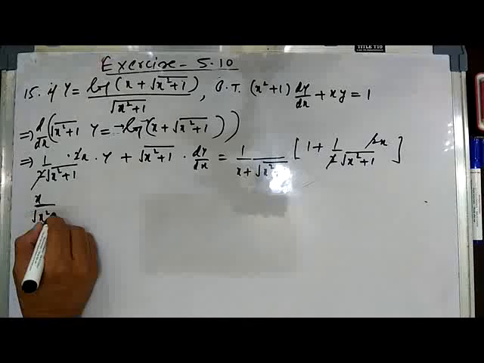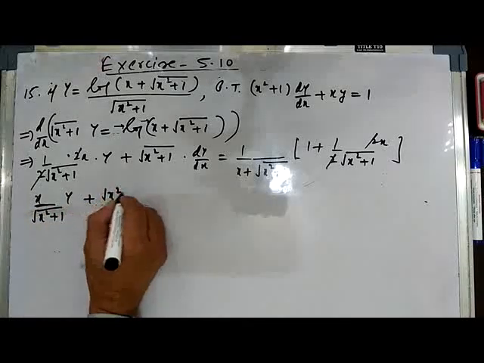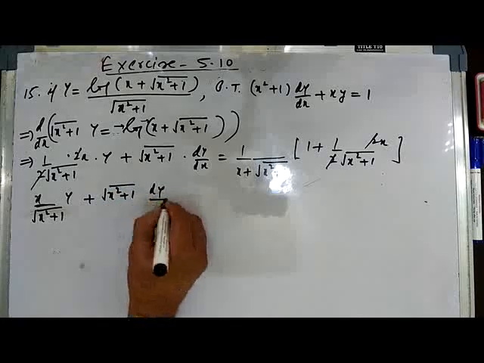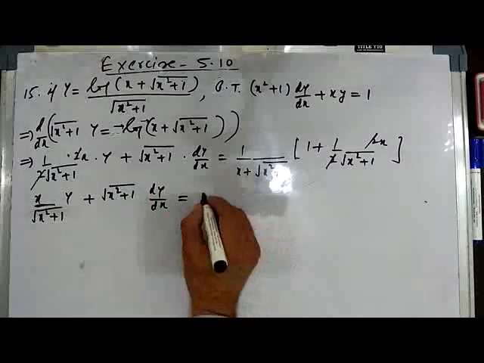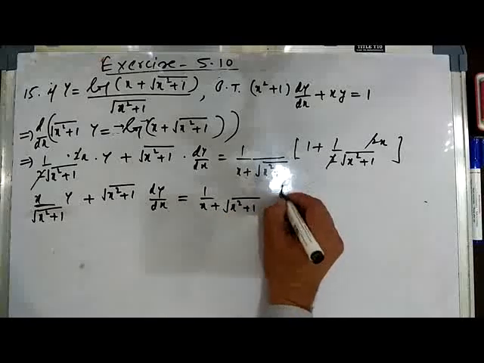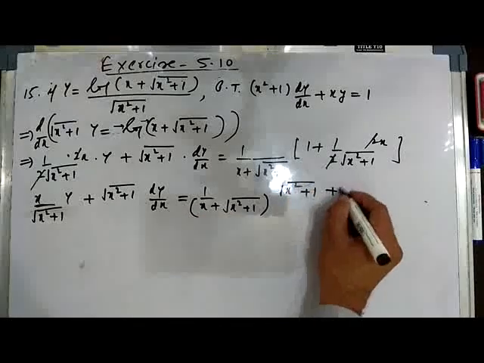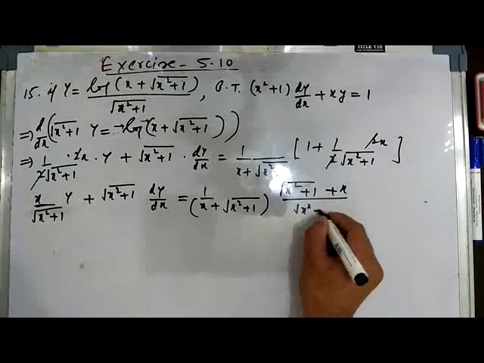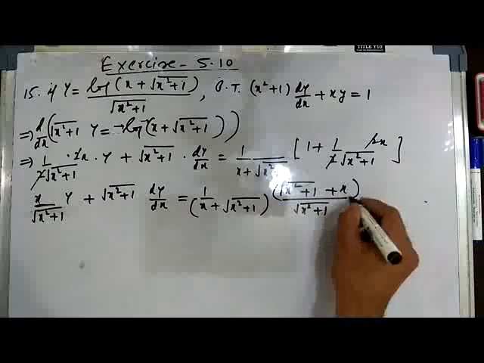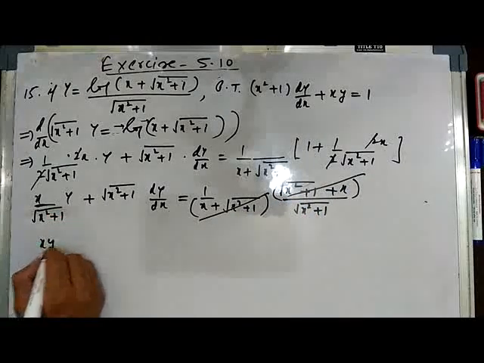Under root x square plus 1 with y, under root x square plus 1 dy/dx equals 1 upon x under root x square plus 1, under root x square plus 1 plus x upon under root x square plus 1. It gets cancelled.